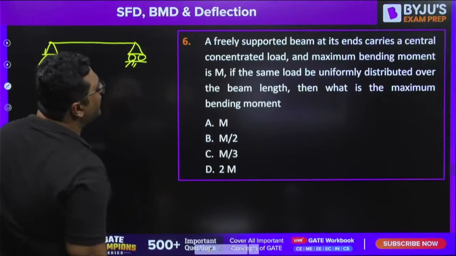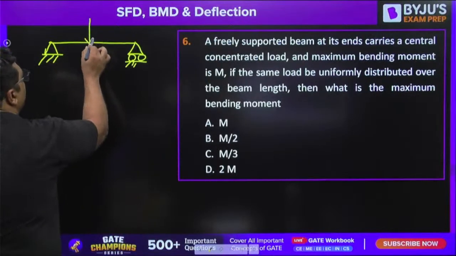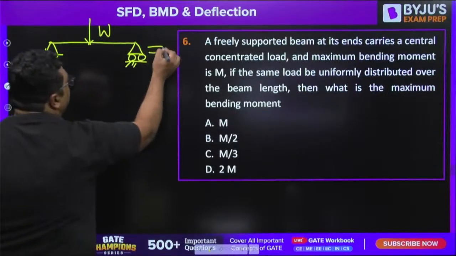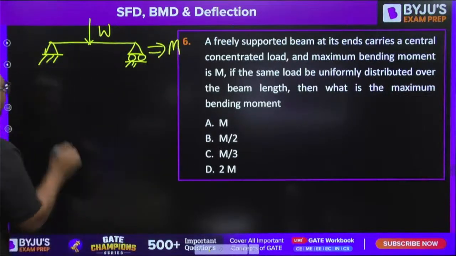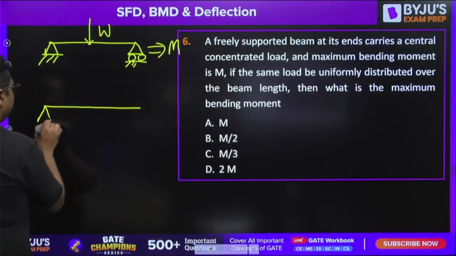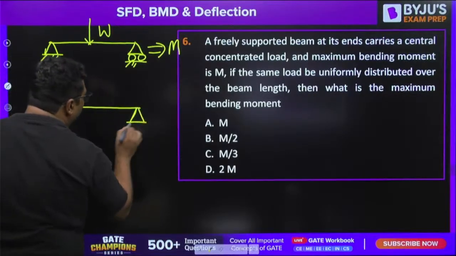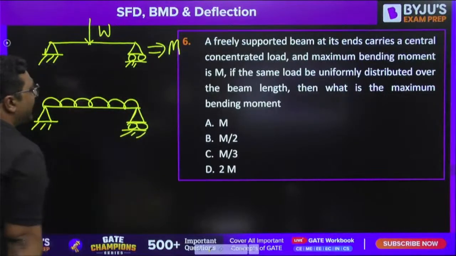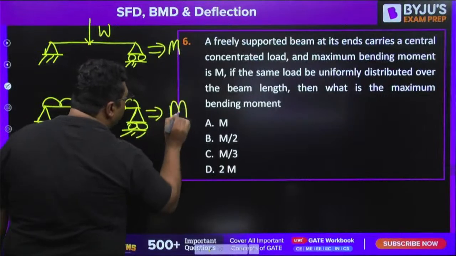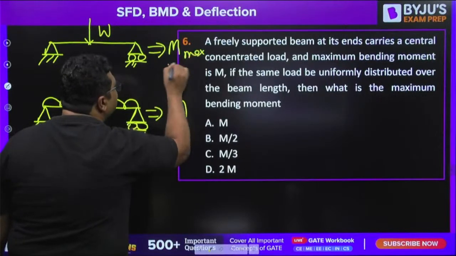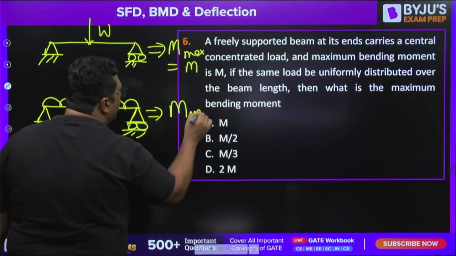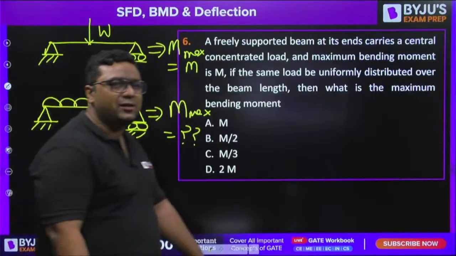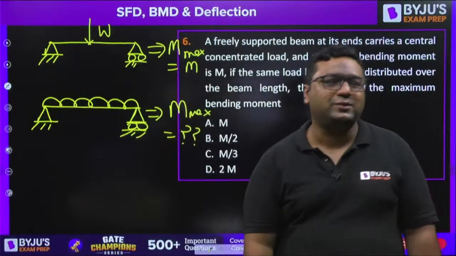And they are saying that it carries the central concentrated load W. The maximum bending moment for this beam is coming out to be M. If the same load on the same beam is applied in the form of UDL, then what would be the maximum bending moment for this? Maximum bending moment is M here. What is maximum bending moment here? This type of question can come for 1 to 2 marks both.